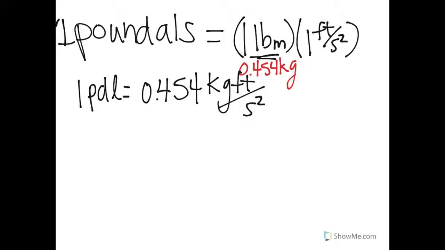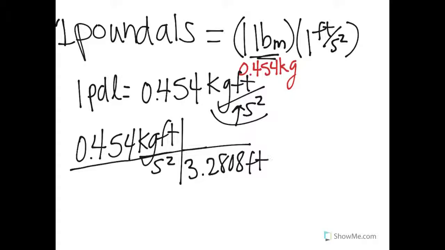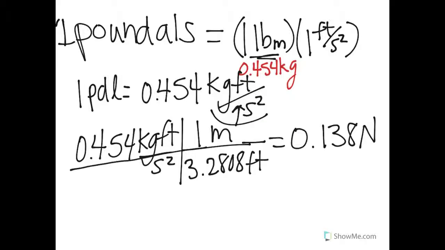Now, if I want to change this to newtons, which we know is a force because of this acceleration right here, we just take our 0.454 kilograms feet per second squared, and we need to convert this feet to meters, so we have 3.2808 feet in 1 meter, and that is equal to 0.138 newtons.